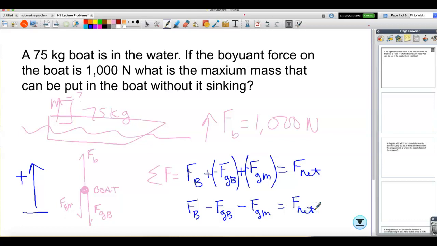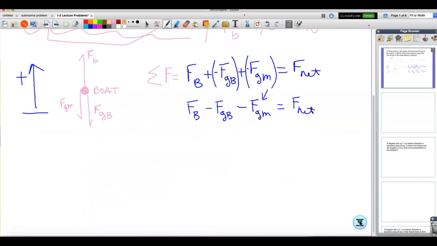is the net force. So which one are we going to find? If we want to know the mass that we can put in, we've got to find the gravitational force, or the weight, that we can put in the boat, and then ask how much mass that weight is. So let's rearrange our equation for the gravitational force of the mass.